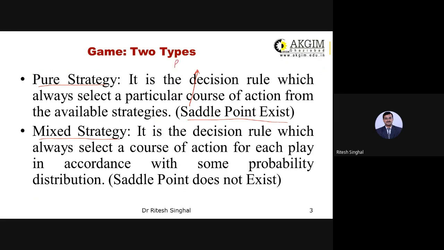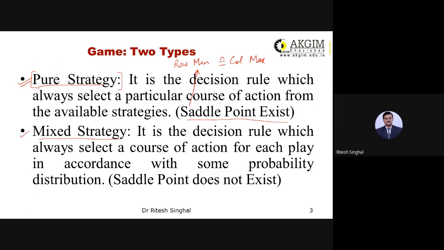A saddle point is a position of a matrix where the row minimum coincides with the column maximum. That is called a pure strategy game. Here, a single strategy is always best in all situations. So only a single strategy is sufficient to administer the game.